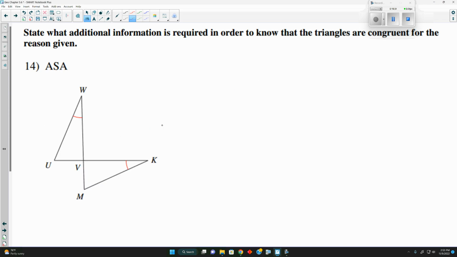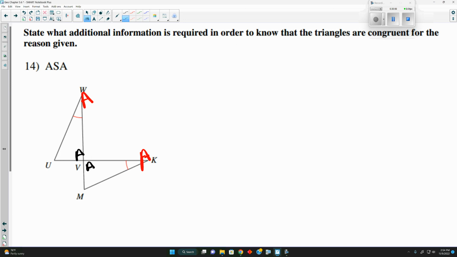So if we look at this here, we know that we have these 2 angles here, yes? Do we have any other piece of information given to us? We do have the vertical angles, yes? We do have that these angles are congruent, yes?